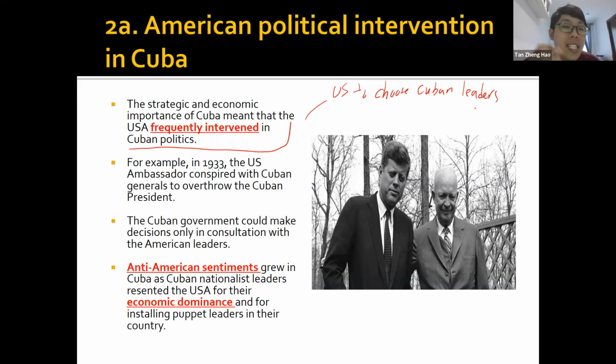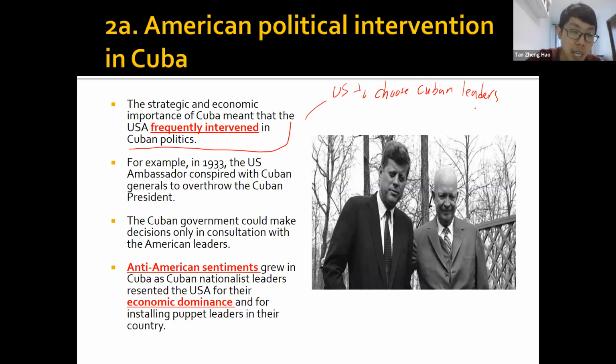That means the Cuban leader will listen to the US. They want to make sure whoever is running the country will be a close ally. So what happens? They will sometimes overthrow whoever is the president that is no longer of use to the US. If I'm the Cuban president and I go against the US, they may try to get rid of me.